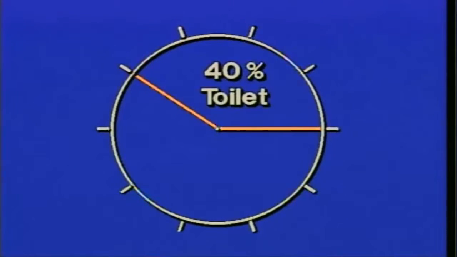So when we want to identify 40%, we just turn this angle all the way over 1, 2, 3, 4 of the little marks, and that represents 40% then of the circle, and we label that 40% of the water use is for the toilet.